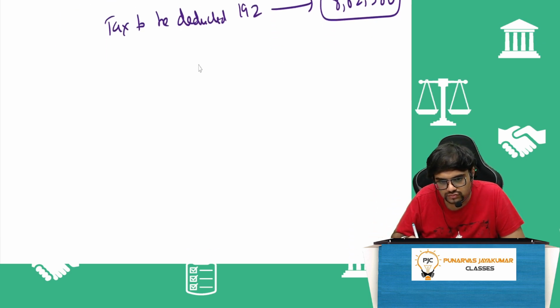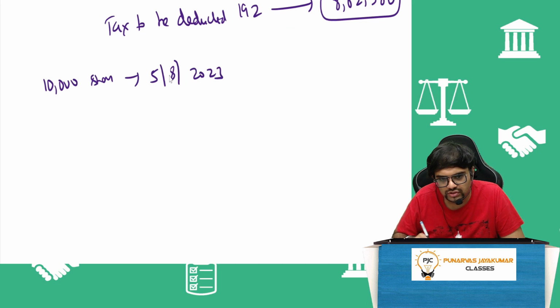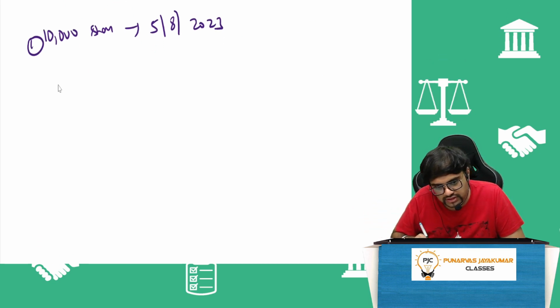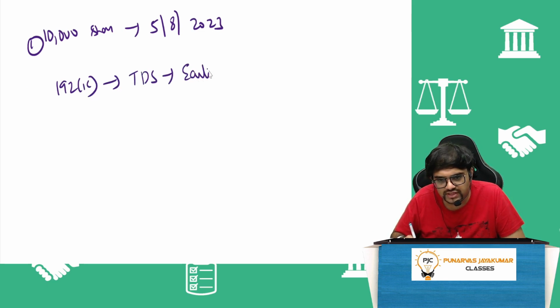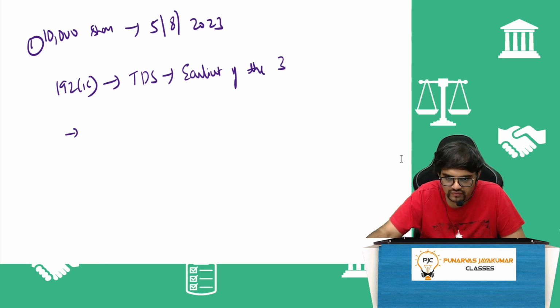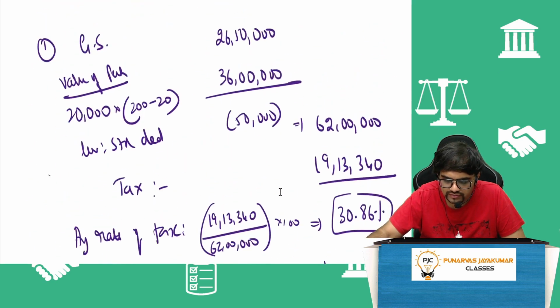Now, 10,000 shares sold on 5th August 2023. Now, as per section 192 1C, TDS liability will come on the earliest of the three. First one: when was the thing given?